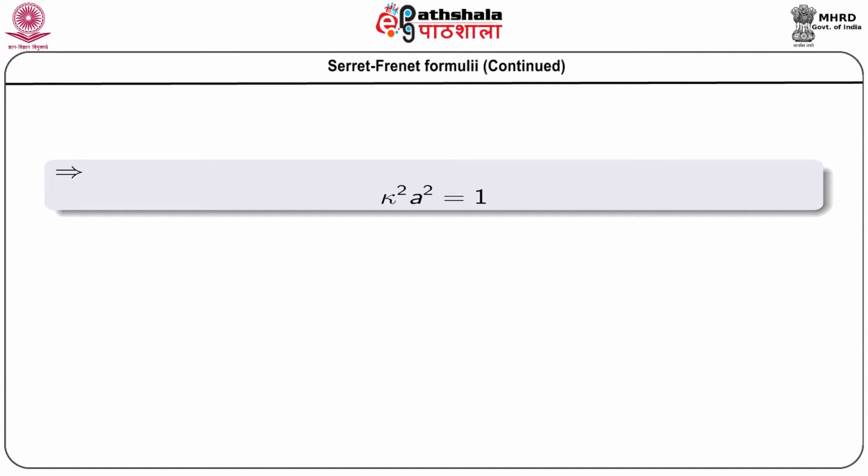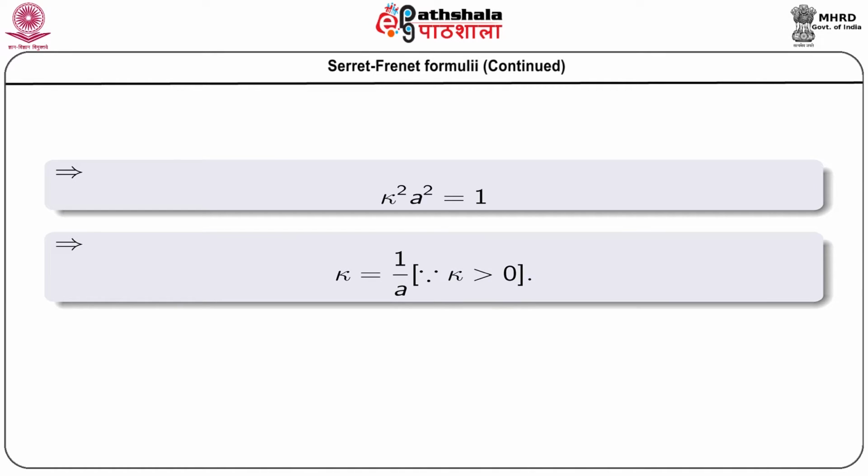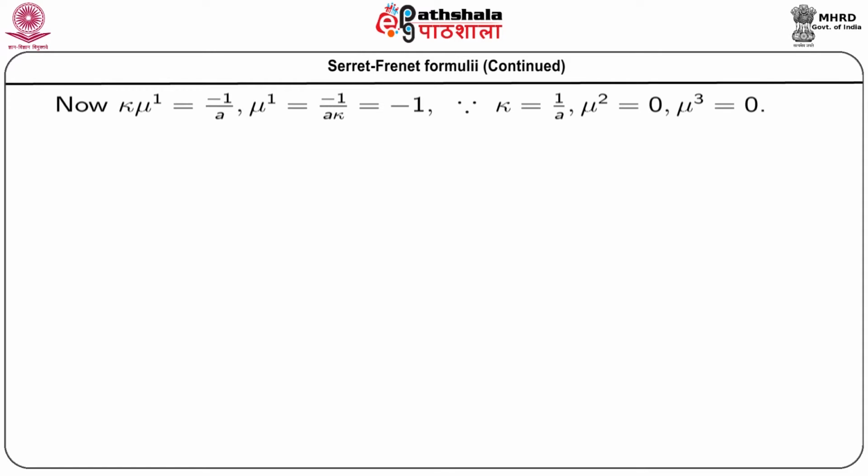That means we get the value of kappa. As kappa is always considered greater than 0, kappa = 1/a. And also kappa mu^1 = -1/a, so mu^1 = -1/(a kappa), that is equal to -1.